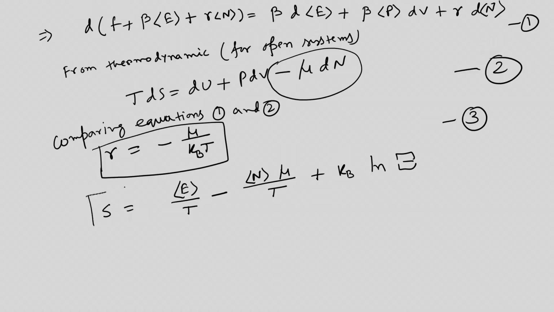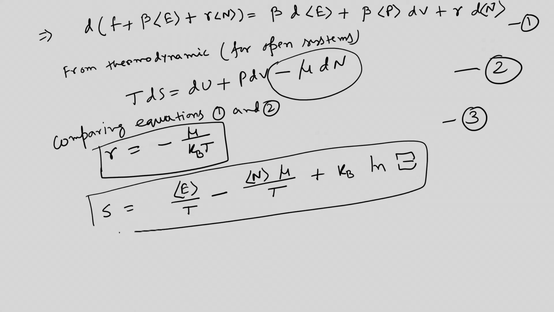So, this is the expression for entropy. This is our equation 4. Next, we will discuss something very interesting, what we know as the grand canonical partition function.